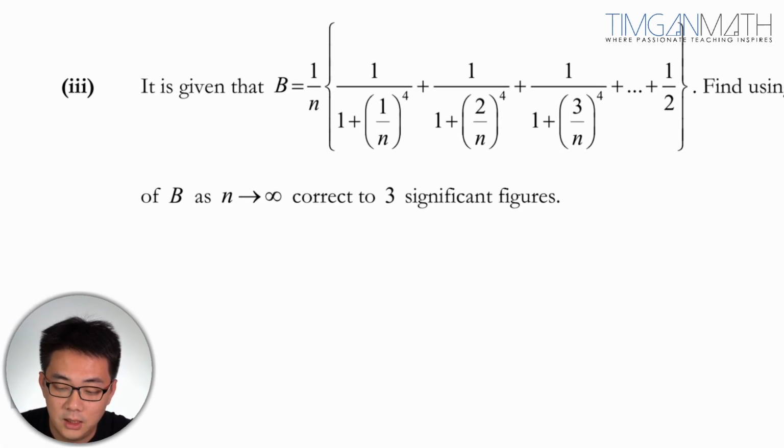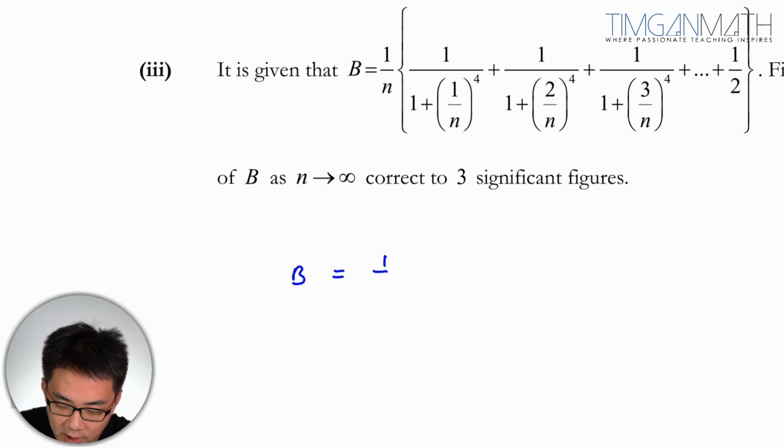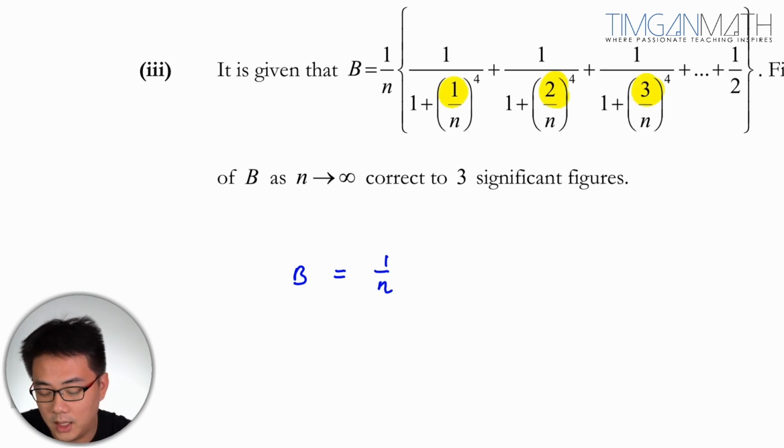So how are we going to key this series into the calculator? We need to express this in terms of sigma notation, right? And try to find the general term here. So for B, basically what happens is actually 1 over n. n is a constant, by the way. So in this case, what is running is 1, 2, 3, right?